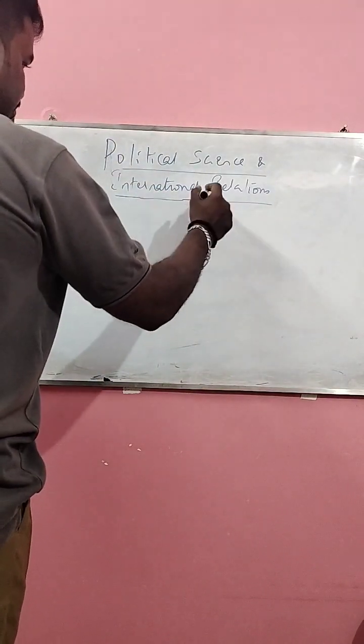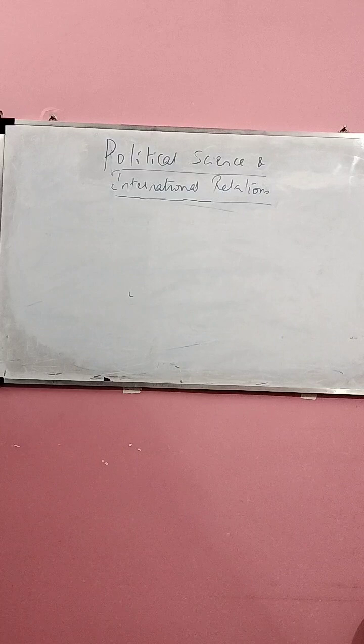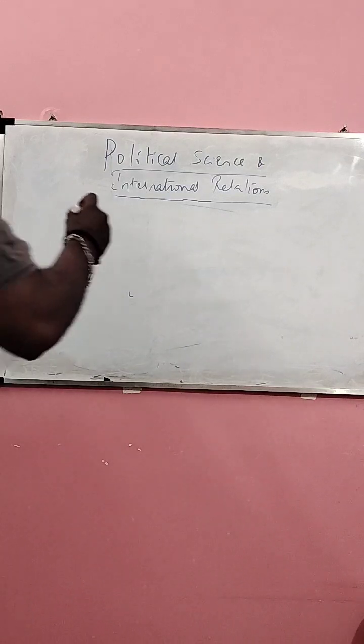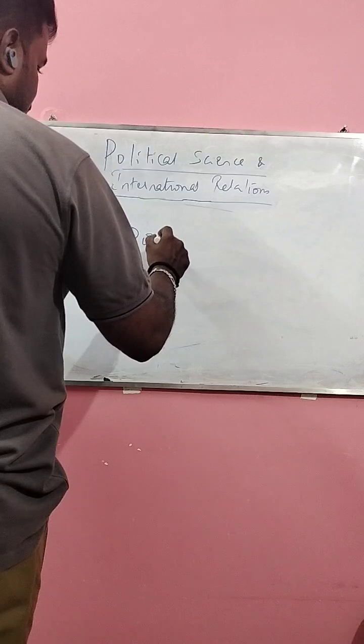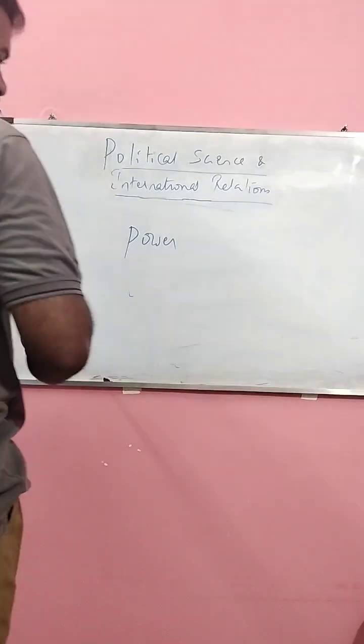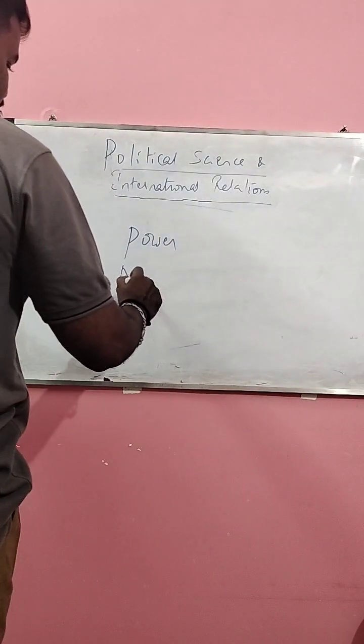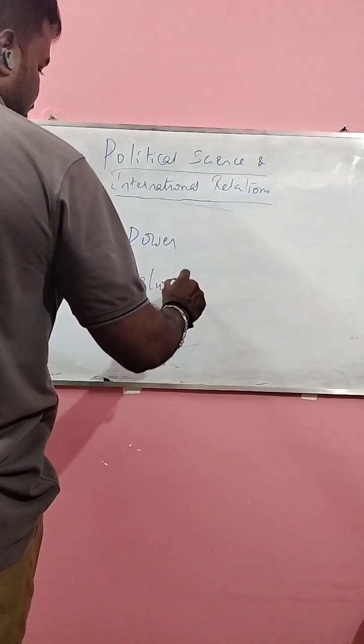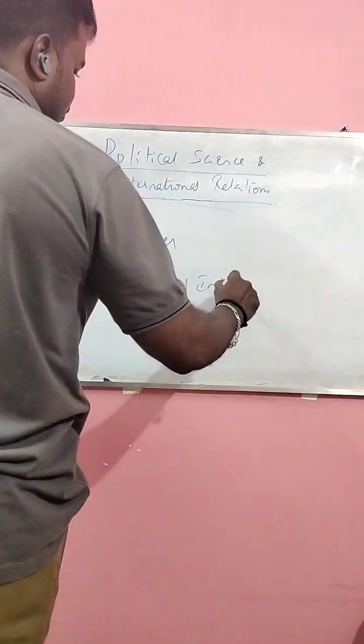So these are the two important guidelines according to realism. It tells that when a country engages in international relations or formulates its foreign policy, it tries to wield its power. It goes for national interest.